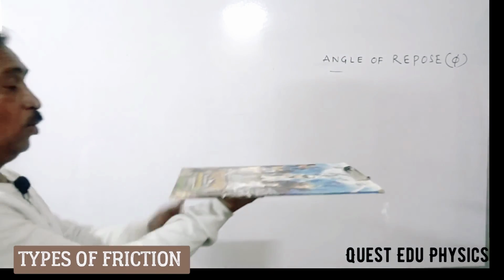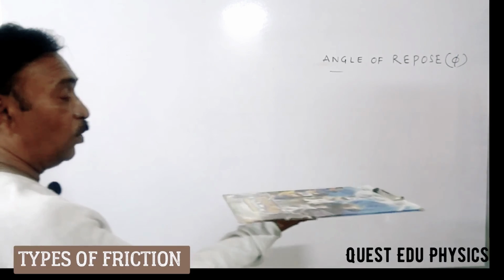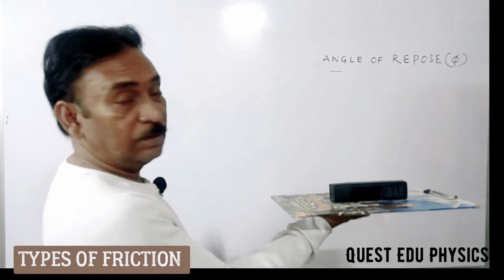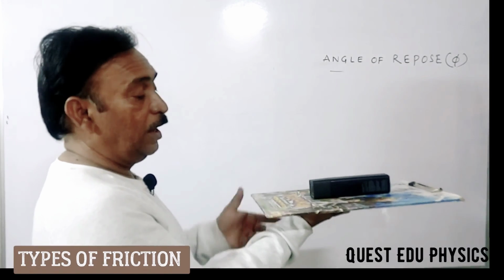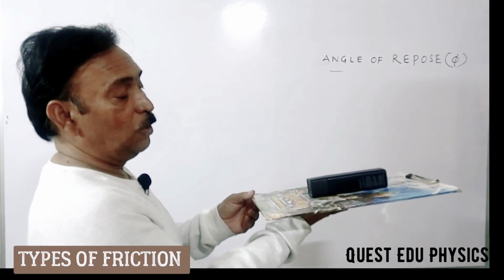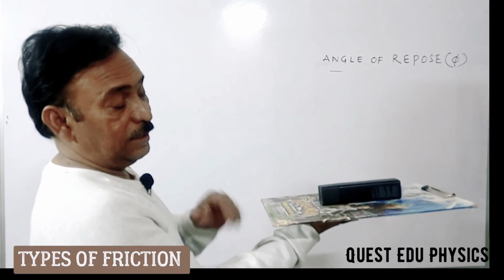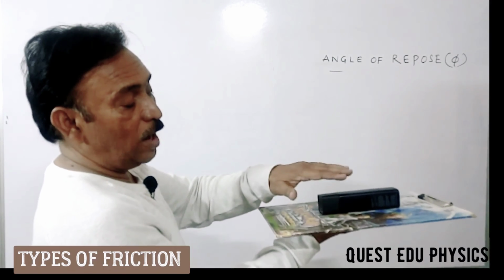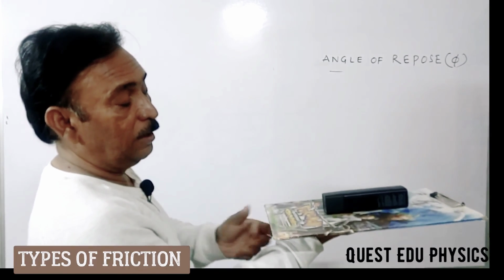Let's do a simple thing, students, to understand this one very easily. Here I am taking a board and I kept this body over the surface. It is lying and you know that no frictional force is acting. Then see what I am doing. It is a surface which has to offer the frictional force on this body.